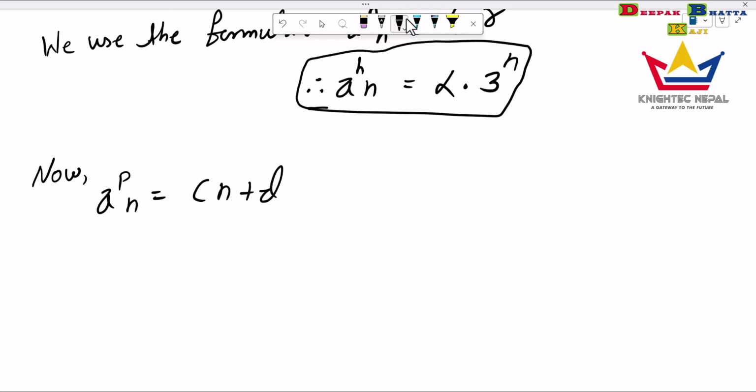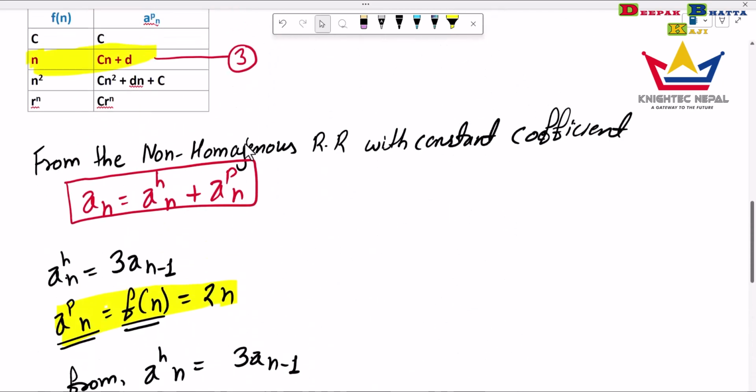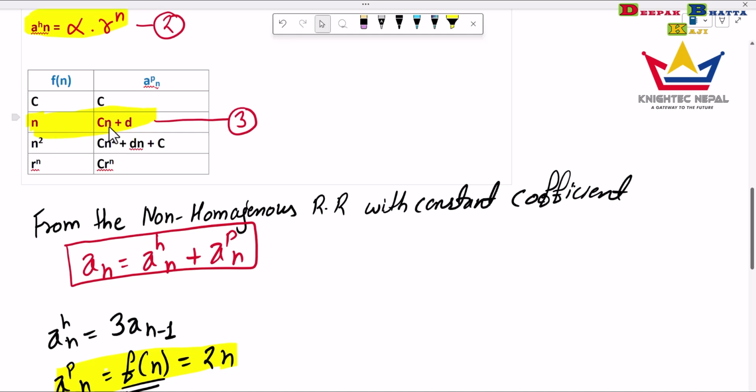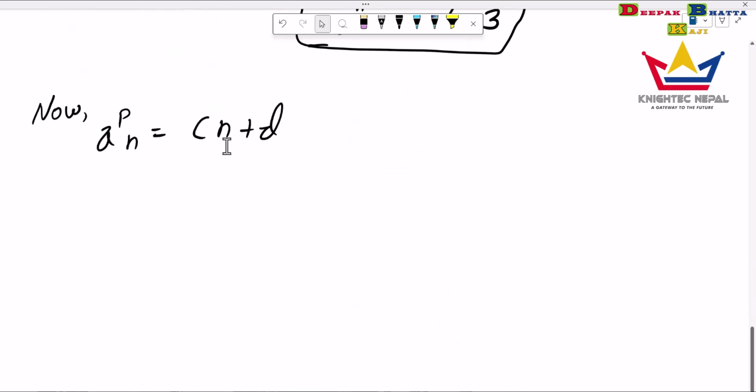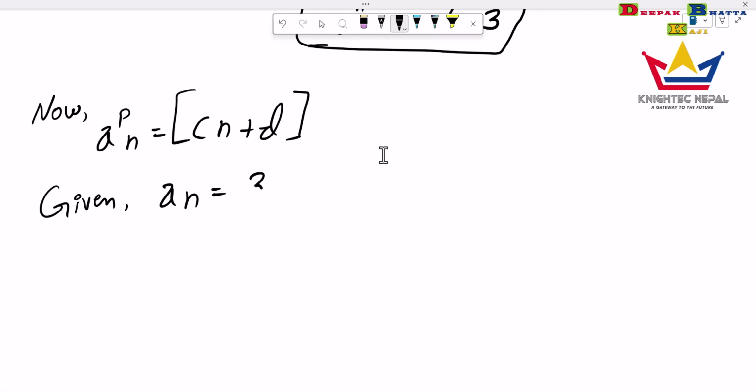As I have shown in the formula here, since we have n in f(n), we need to use cn + d. So this is the formula. Given a_n = 3a_{n-1} + 2n.